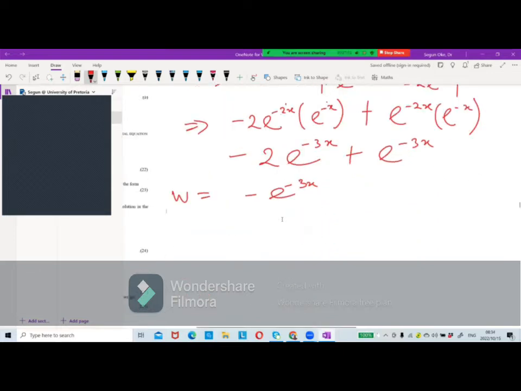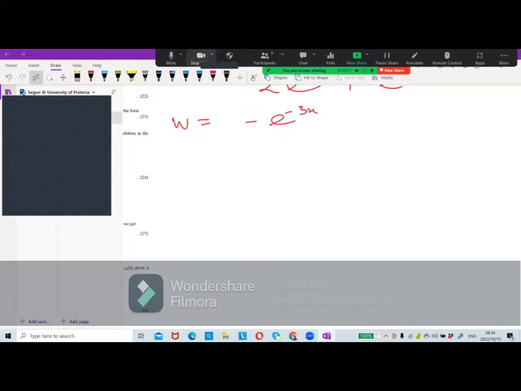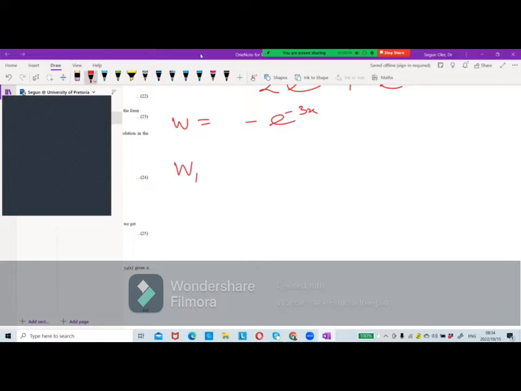Now let's look at W1. W1 is what? So we have in W1, the first one is 0. The second one is y2, which is exponential minus 2x.